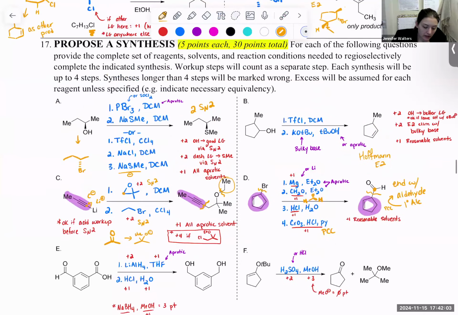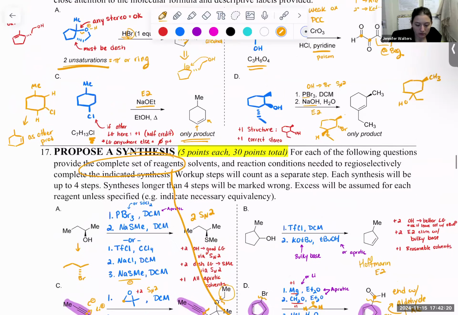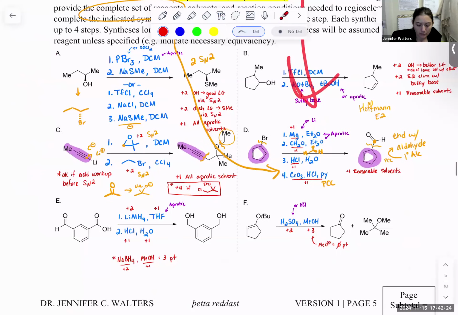And in the instructions, I told you needed the complete set of reagents. So that's why you needed to actually write the complete set of reagents, not just PCC, not just the abbreviation. So it was the chromium oxide, HCl, and pyridine. If you wrote out pyridine, cool. These conditions were what you just needed to write down there.